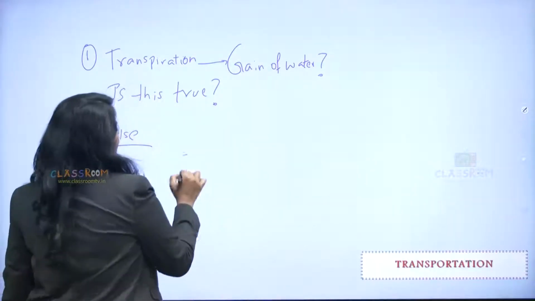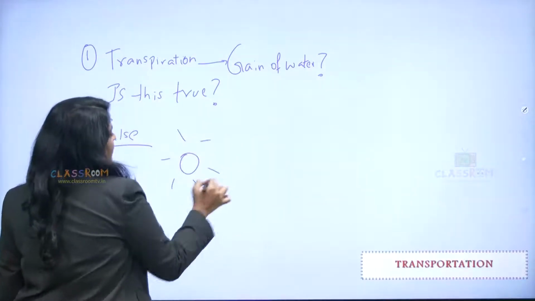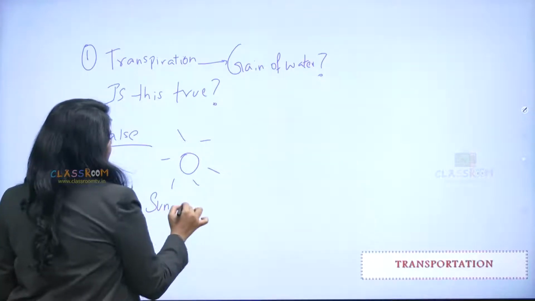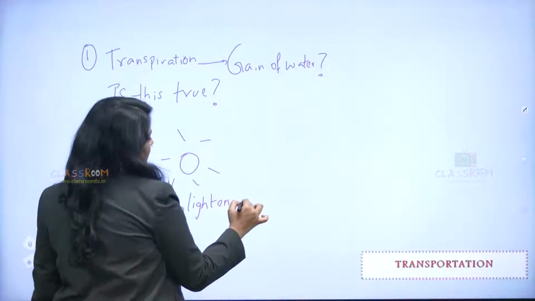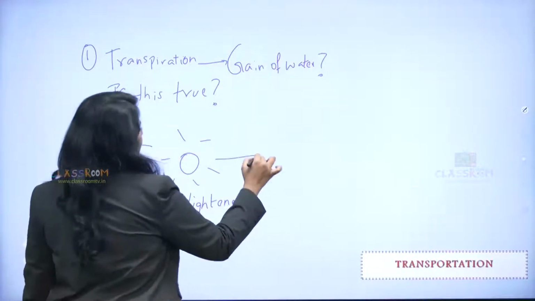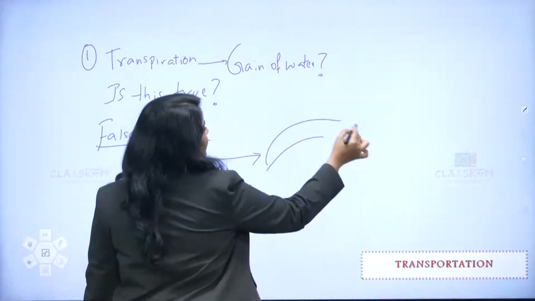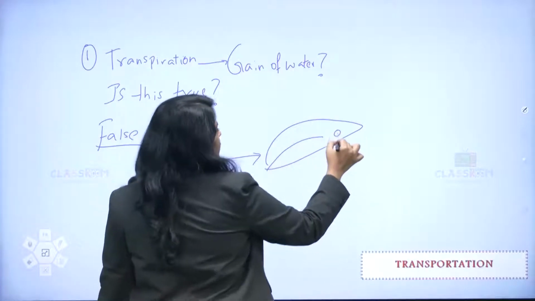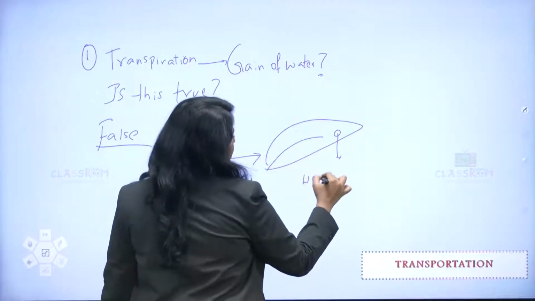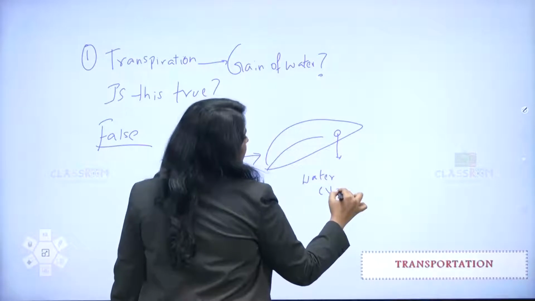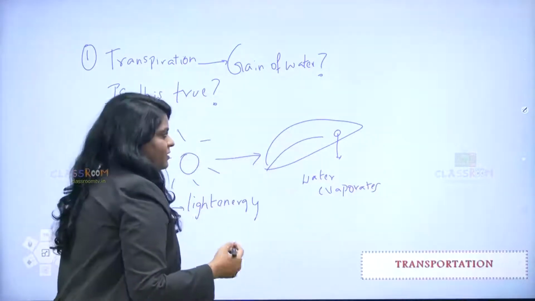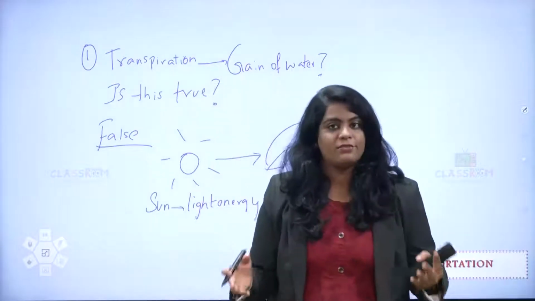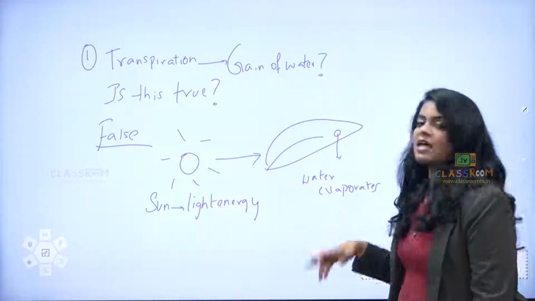So what happens is, this is the sun that gives the light energy. When it falls on the leaves, water is going to get evaporated. And when this water evaporates, there is a difference in concentration in the leaves and the roots.